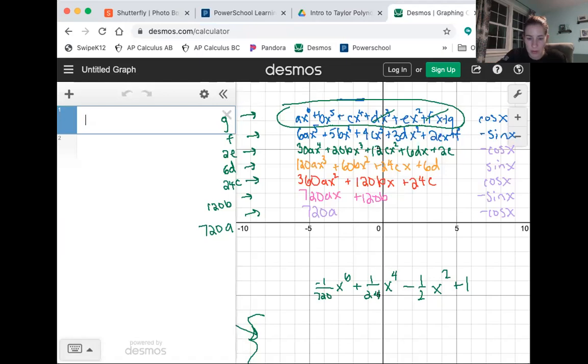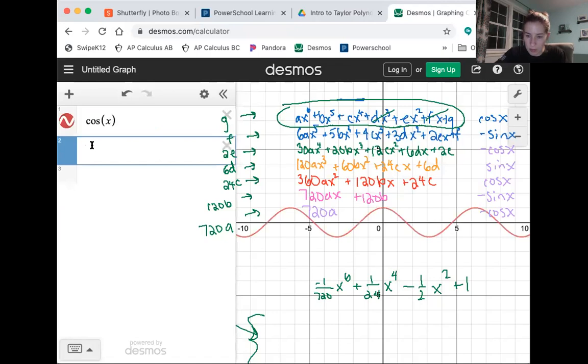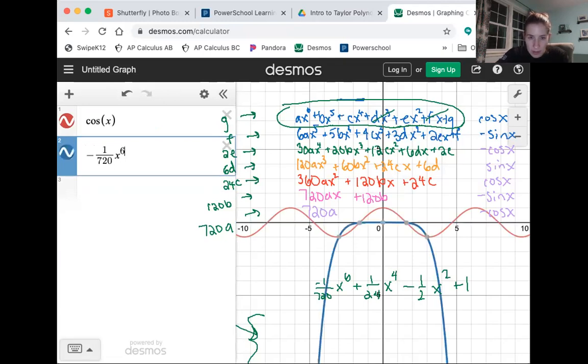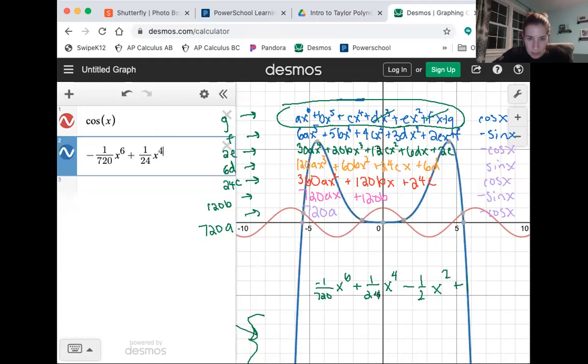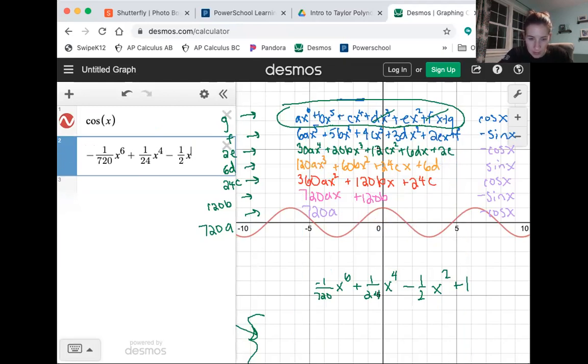Okay, so first I'm just going to graph the cosine of x, and then I'm going to graph this other polynomial. So -1 divided by 720 times x to the 6th plus 1/24 x to the 4th minus 1/2 x squared plus 1.